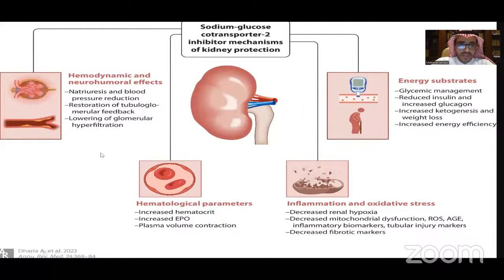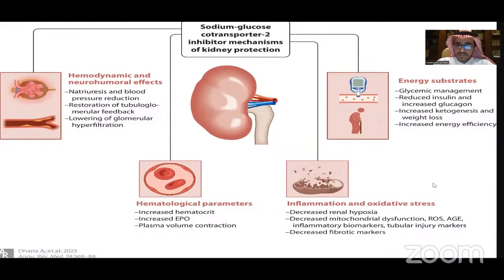First, of course, the hemodynamic and the neurohormonal effect by natriuresis and blood pressure reduction, restoration of the tubuloglomerular feedback, and of course, by lowering the glomerular hypertension. There are also hematological parameters by increasing hematocrit, increasing EPO, and plasma volume contraction.